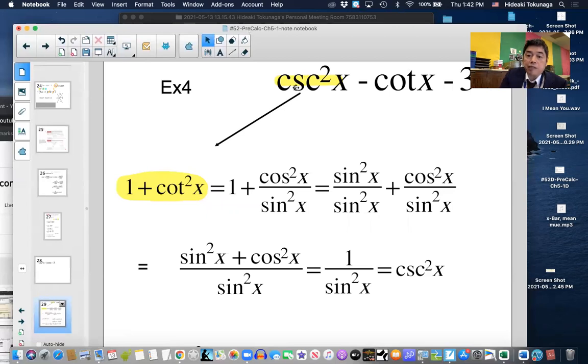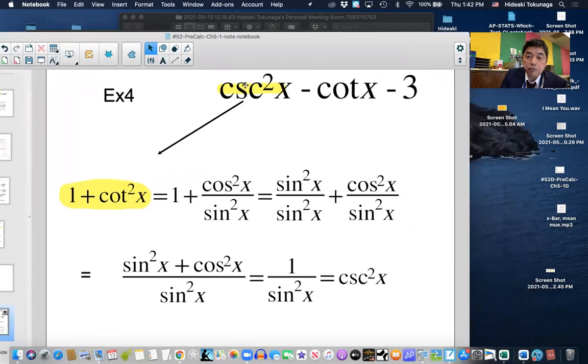First, this was the example 4 question, and in our class we did this one: use the Pythagorean identity to rewrite this as 1 plus cotangent square x.